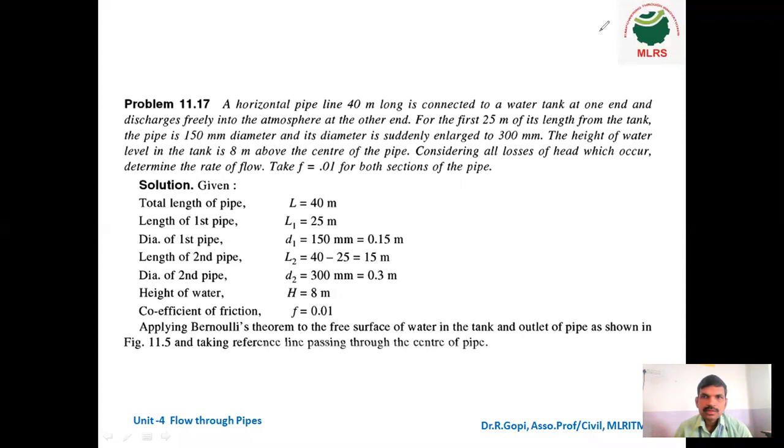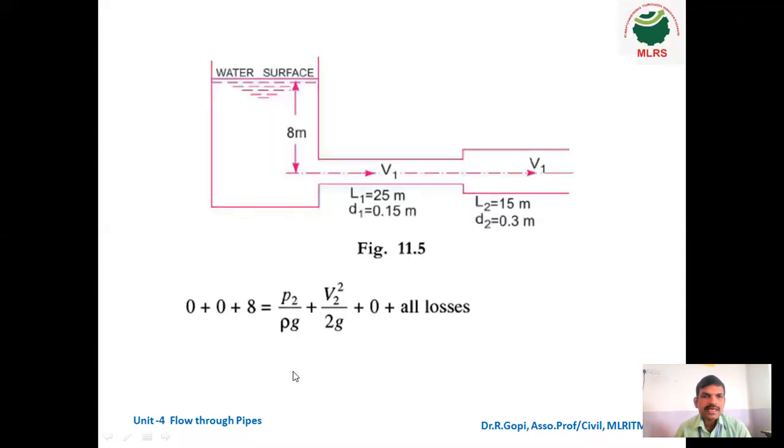So now write the Bernoulli's equation. At the water tank, there is no pressure because water is at rest. So there is no pressure, there is no velocity. So P1 by rho g is 0 and V1 square by 2g is 0. But datum Z1. This dotted line is the center of the pipe.